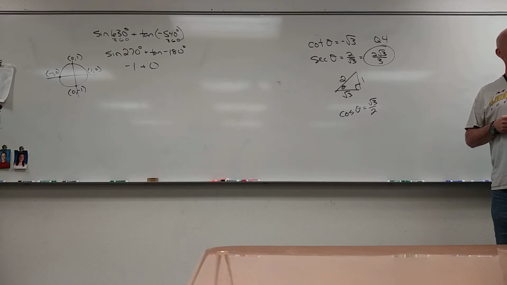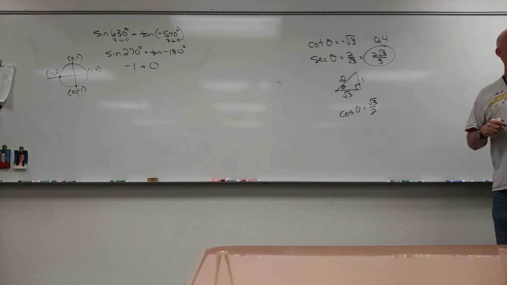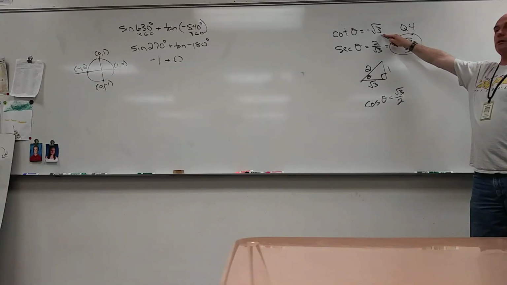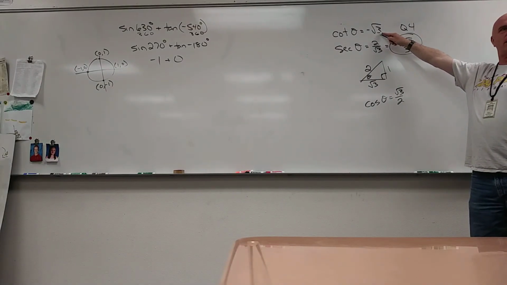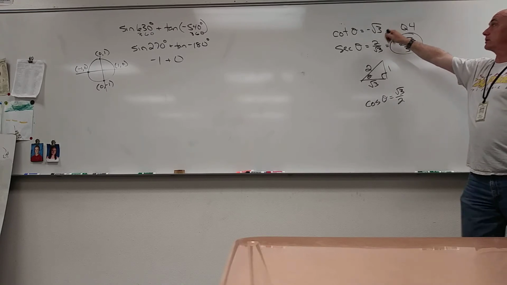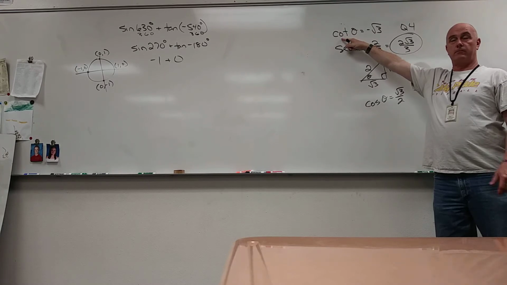Okay, there's a lot there, but it's logical. Now, way number 2, and this might be the way that I would do it, is instead of drawing a triangle, this says something to me. What do you think that is talking to me about? The chart, yeah. Because this is the reciprocal of tangent.